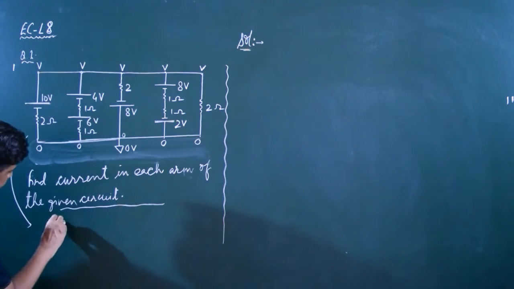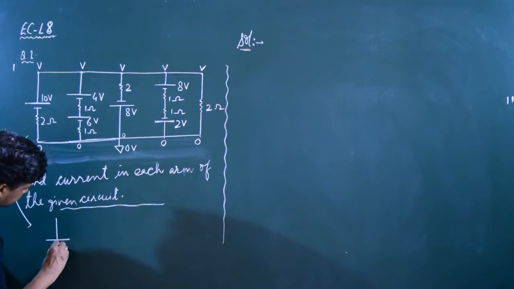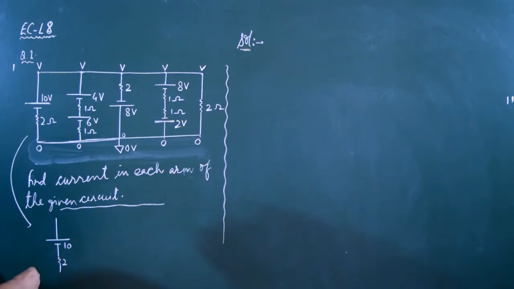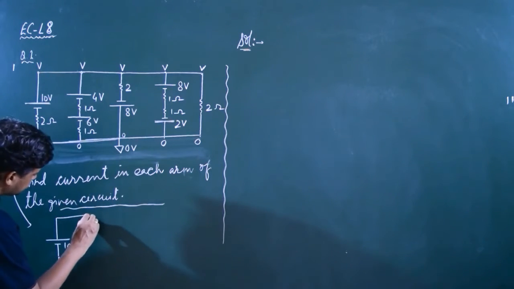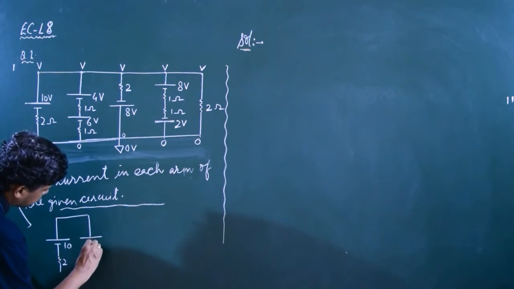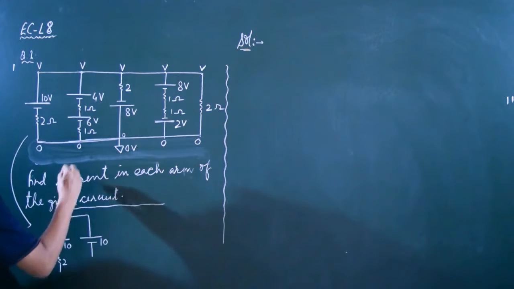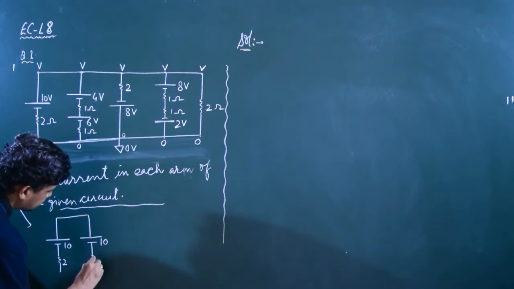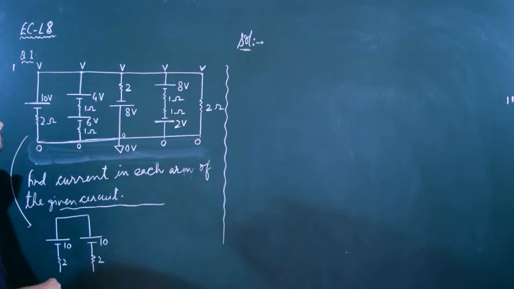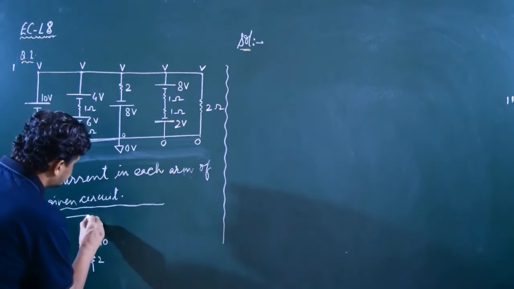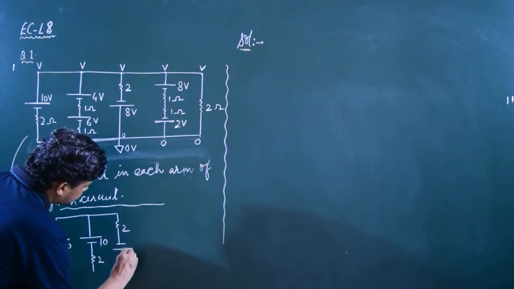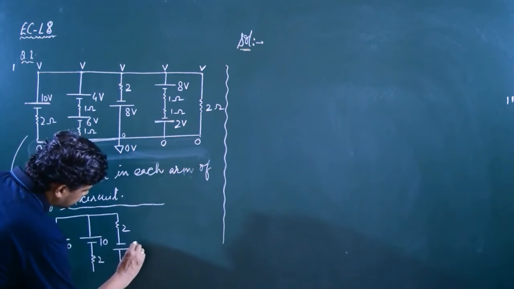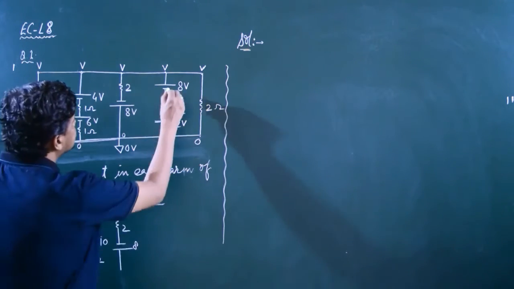This one is 1 arm, 10, internal resistance is 2. Now see, these two are in series. 10, 1 and 1, it is 2. Now see here, 2 and it is 8.